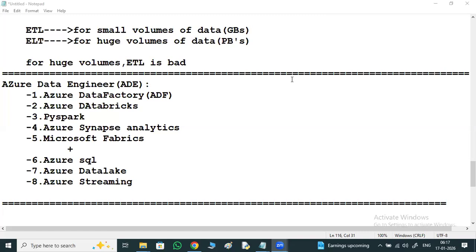Even the pay scales, if you observe, data engineers have got the highest average salaries, as close as to data scientists. Data engineers and data scientists are the two highest paying jobs today. A lot of companies are offering high paying jobs to data engineers, interested in hiring them with great salary packages.